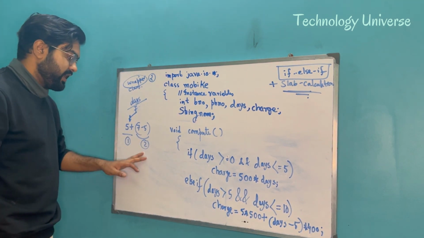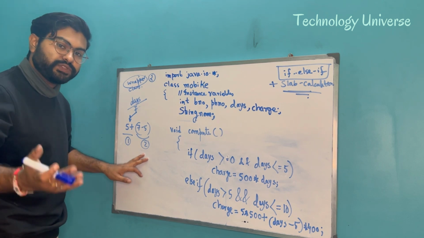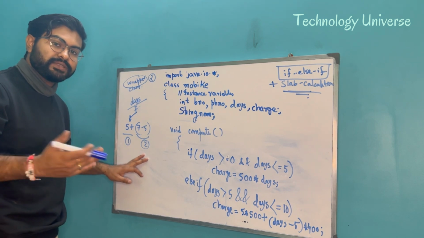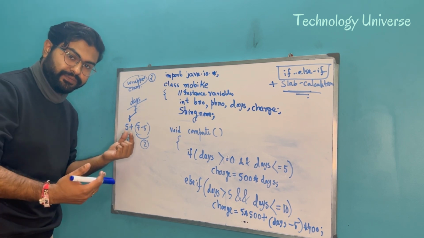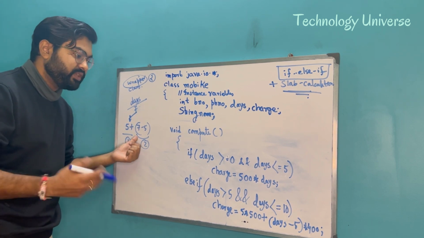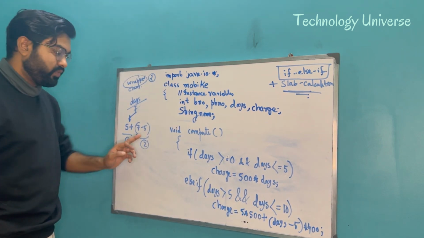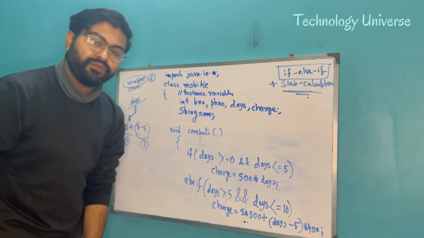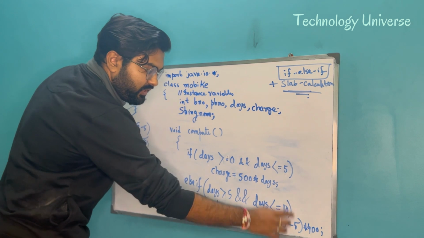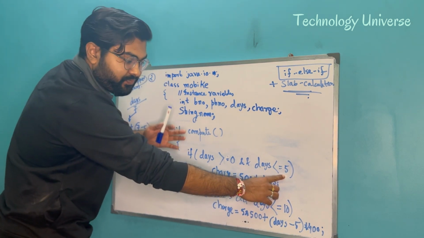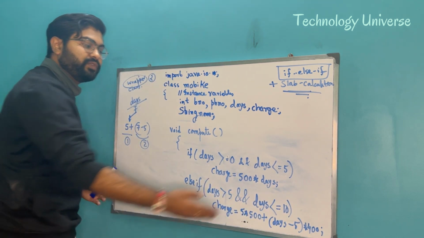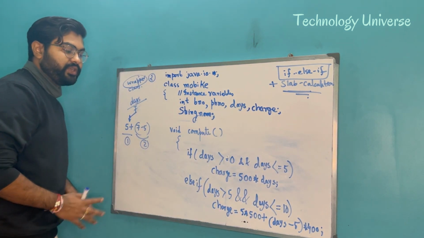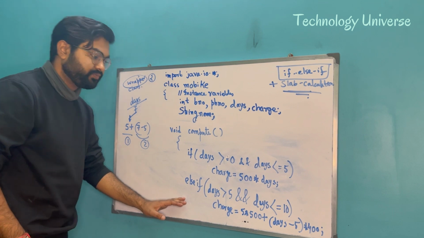And for the next slab, that is above 5, for the next 5 days, if our number of days lies in that slab, then that excess amount above 5 would be multiplied with the next rate. So that's why we did days minus 5, then 400. What we subtract is the upper bound of the last slab. So here we are done with the next slab also.